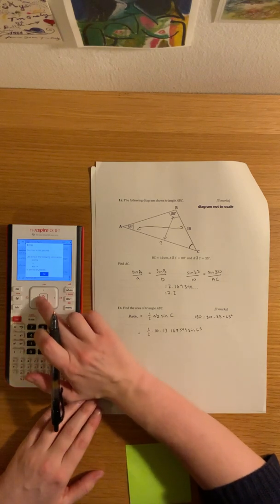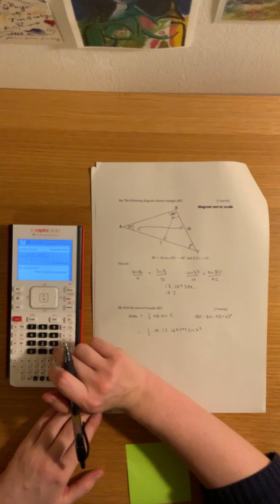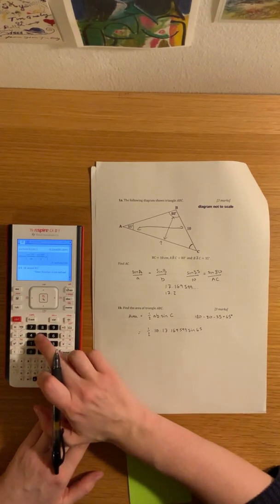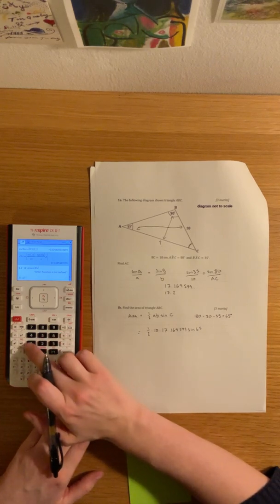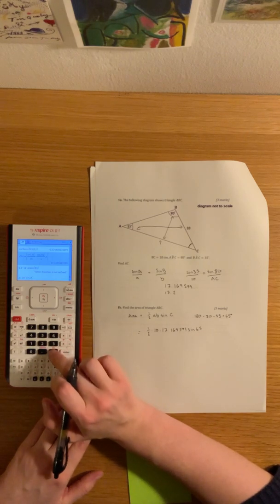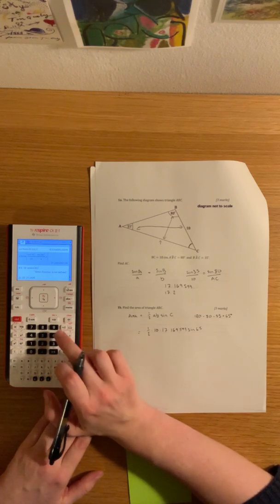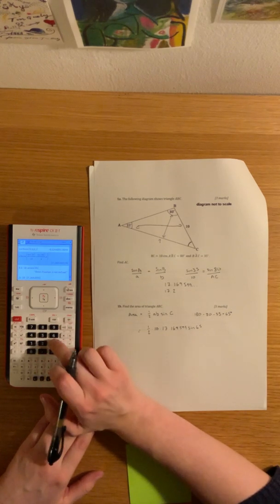Oh, it's not happy with that, is it? Hang on a second. I think it's the ANS followed by the sine that it's not happy with. And now I've lost my ANS. Oh well. 0.5 times 10 times, and now I'm going to write it all out instead, 17.1699, 5992129.